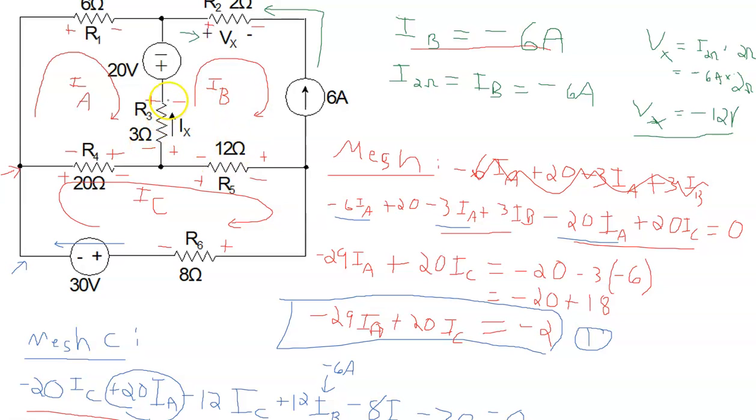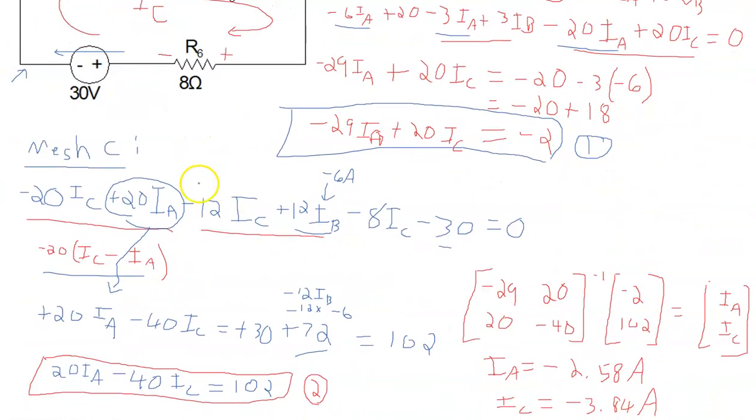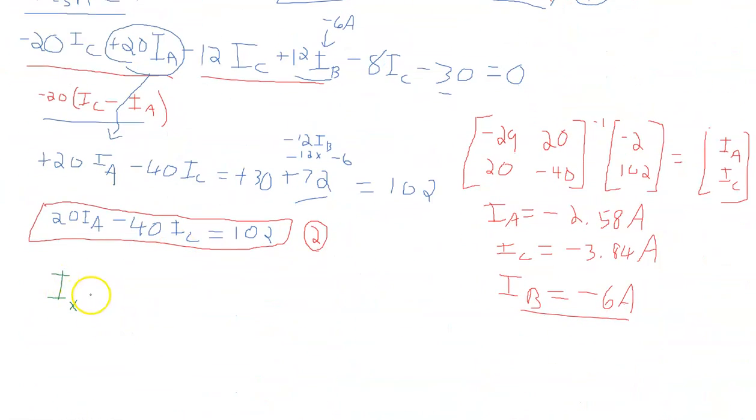Now, remember, 2 mesh currents go through R3. IB is up, so it's positive. IA, down, disagrees with the direction of Ix. It's negative. So Ix then is equal to IB subtract IA. And for IB, we had negative 6.